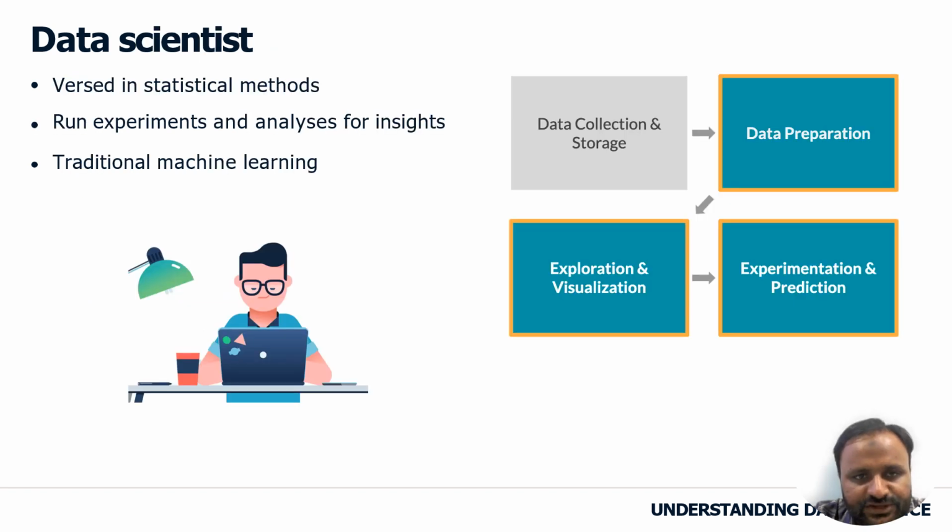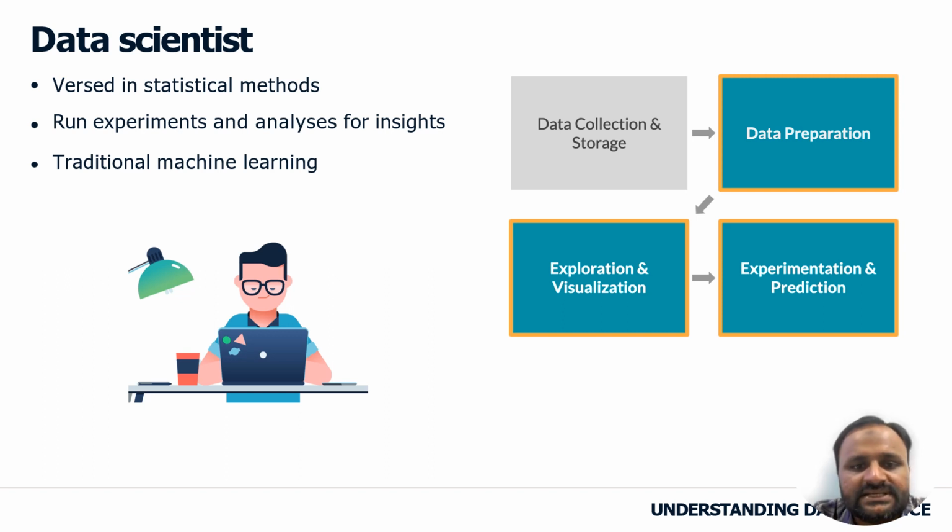Now next we can talk about the data scientist. Data scientists must have a strong background in statistics, enabling them to find new insights from data. From the historical data, what insightful conclusions you can draw to find a new insight is a very important task for a data scientist.